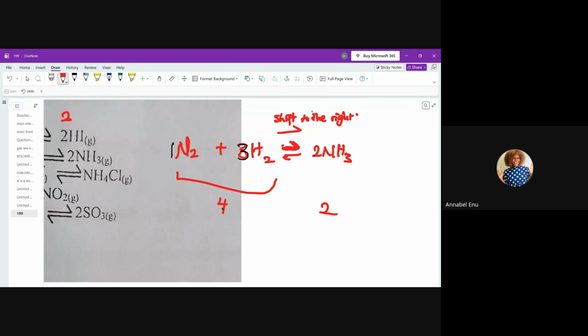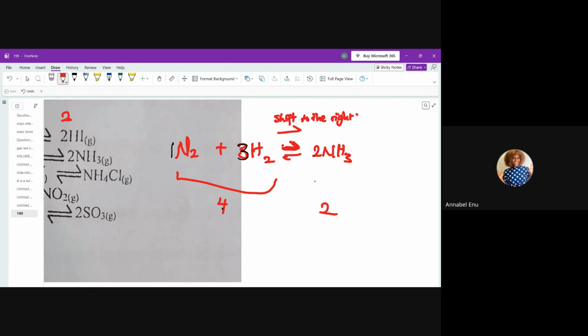So since we have more number of molecules in the reactant, it would imply that there are less in the product. And so equilibrium is shifting to the product side to oppose it.